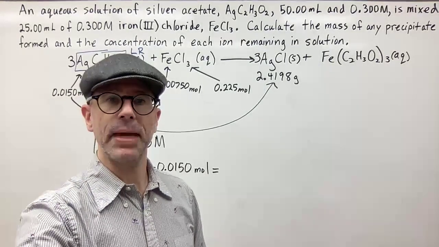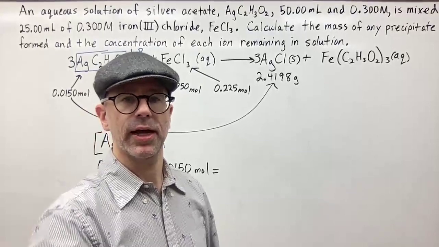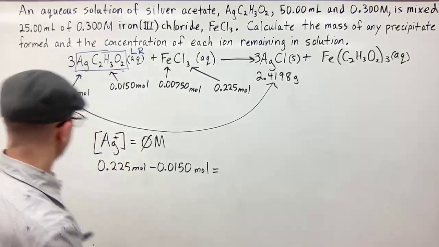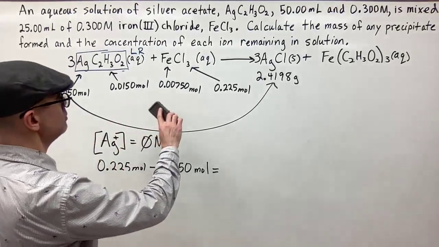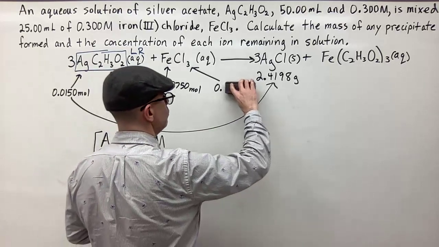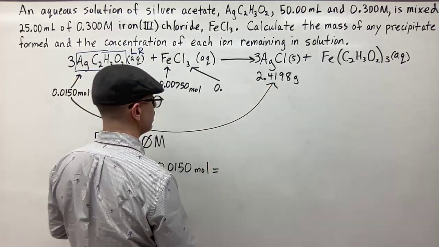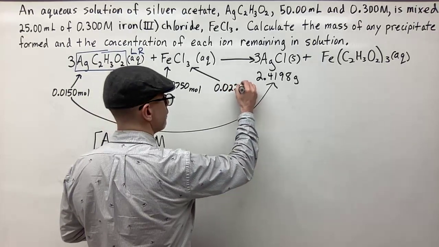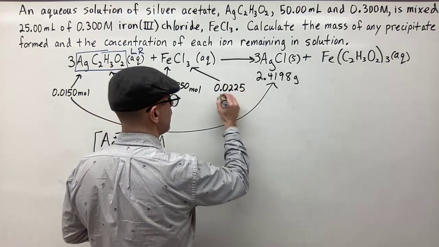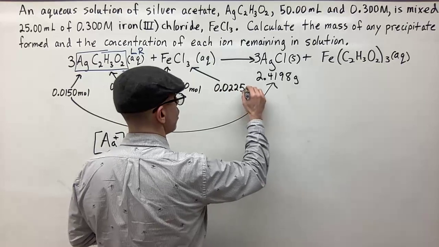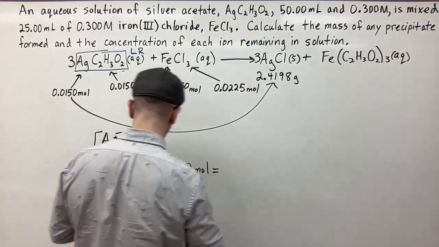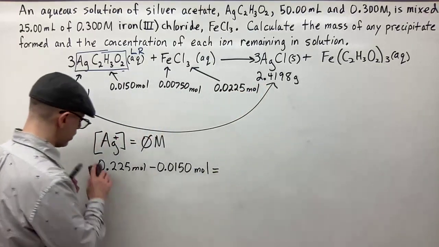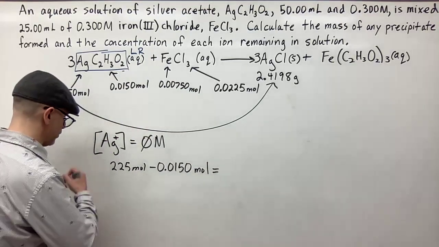Okay, I think I made a mistake. Yep, I miswrote this. So that should be 0.0225. I forgot my zero. Sorry about that. So that's going to be moles. That makes more sense.